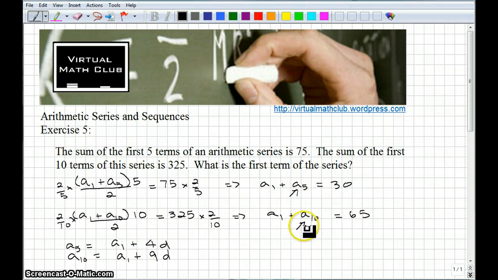The same thing with a10: if I substitute a1 plus 9d, I'll have everything in terms of a1 and d, so I'll have fewer variables. Let's deal with the first one first. So a1 plus a5 is a1 plus, and here's a5, a1 plus 4d.